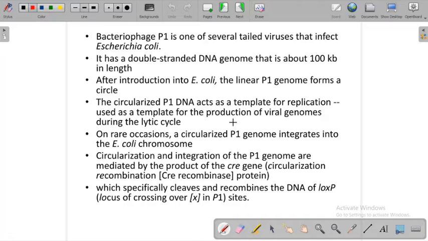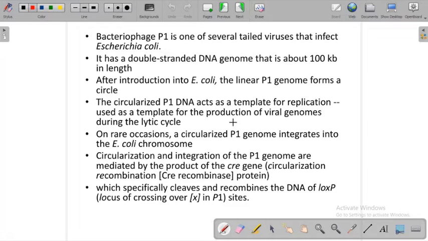You all know that bacteriophage has both cycles, lysogenic and lytic. I'm not going to tell you the detailed story of these two cycles. But on the rare occasion, this circularized P1 genome integrates into the E. coli chromosome.